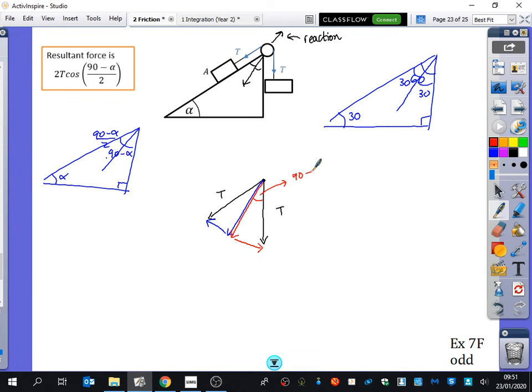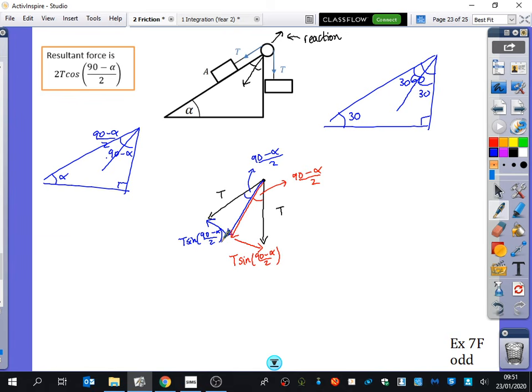Yeah, they're both 90 minus alpha over 2. What would be the size of this one that we have here? Using sine and cos, would it be the sine or the cos? Sine, because it's the opposite angle. So this one here is T sine 90 minus alpha over 2. And this one is T sine 90 minus alpha over 2.